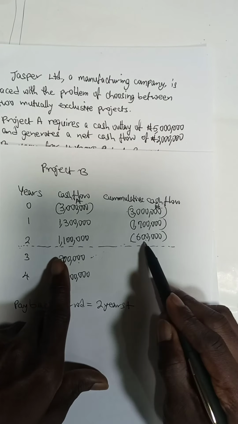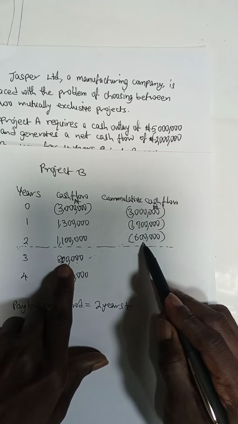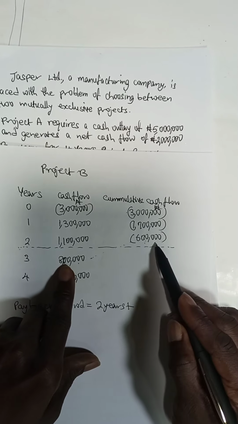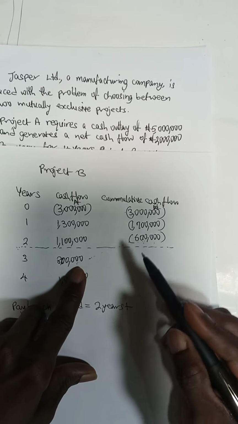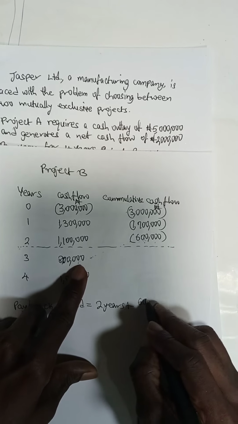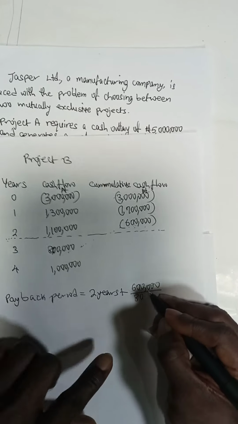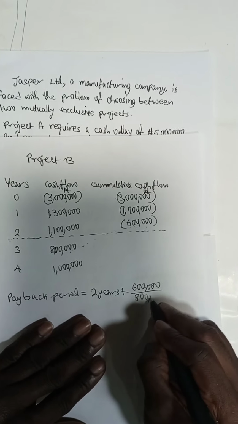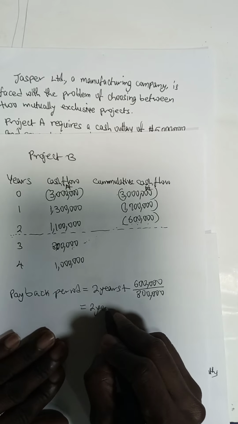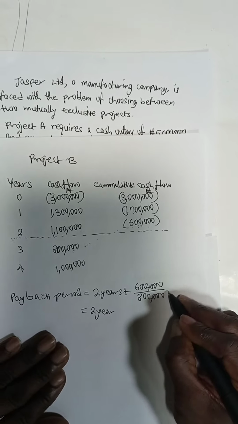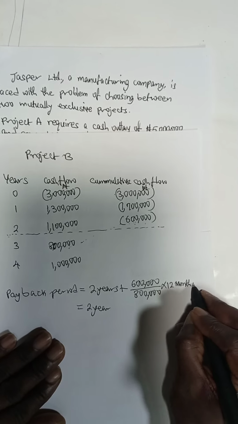The 600,000 is in front of year 2, and the 800,000 is on year 3. We stop here because this 800,000 is bigger than this 600,000. So we say 600,000 divided by 800,000 times 12 months. We must not forget the 12 months.